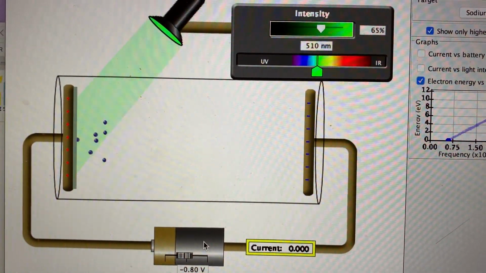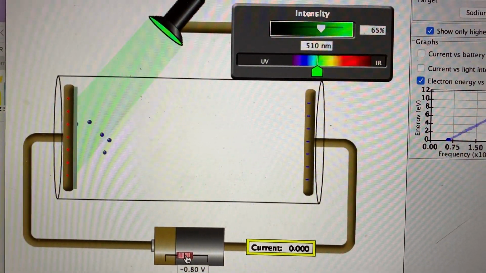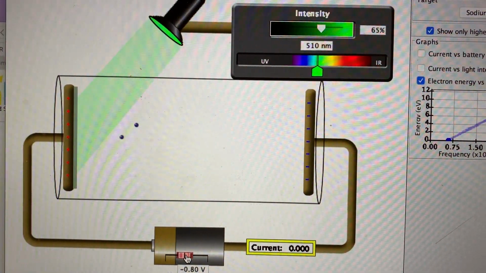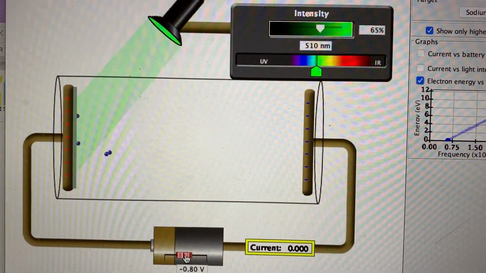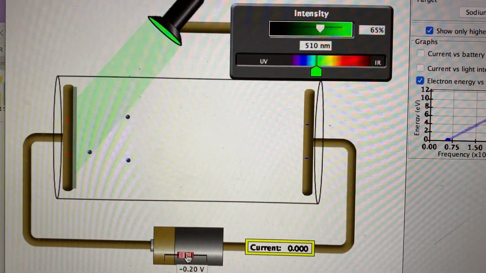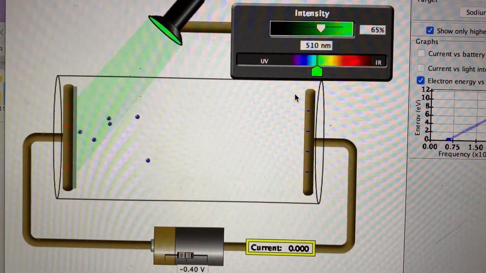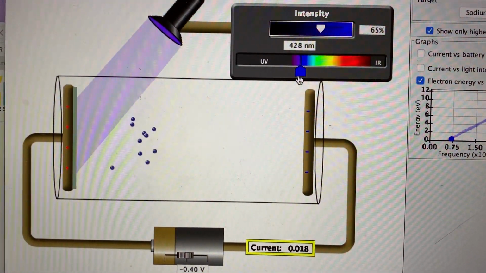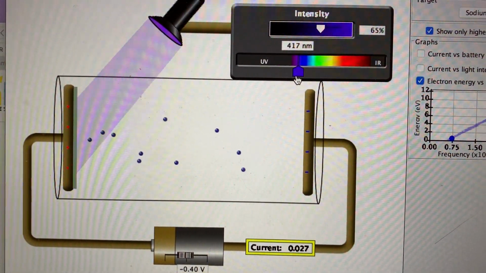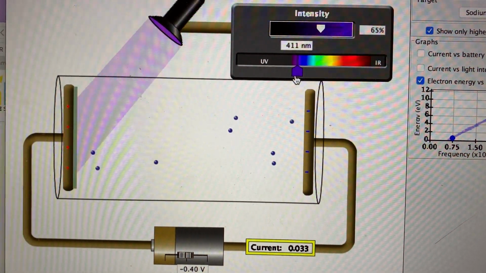But this is your stopping potential. So if I know what my stopping potential is, how much energy it takes to stop those photoelectrons, like right now, they're barely even making it there. Get a little bit more energy on those by putting more into the violet. And eventually I'll get to a point where some of the electrons do make it.